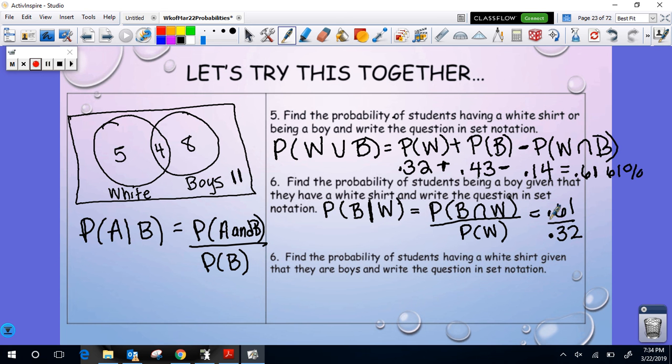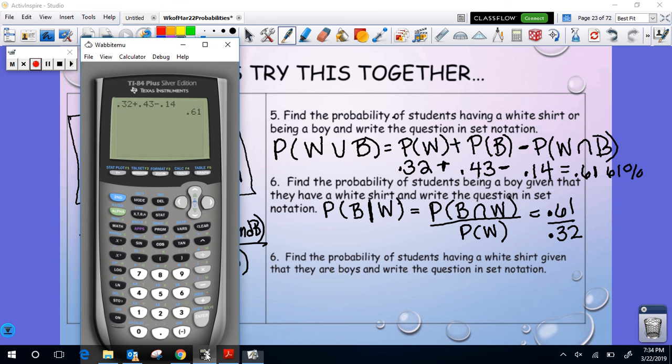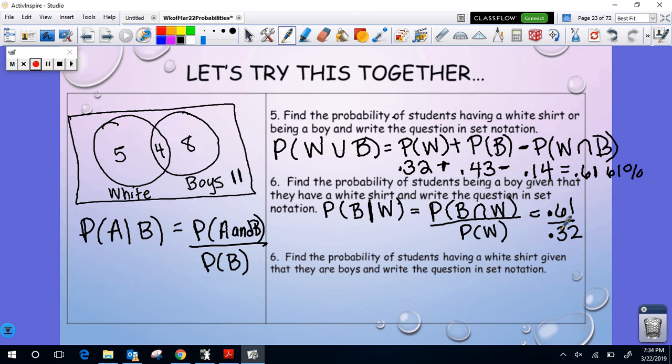So we're going to take this and divide them. Oh, we are wrong, because the probability cannot be greater than 1. So let's go and look and see where I'm wrong at.